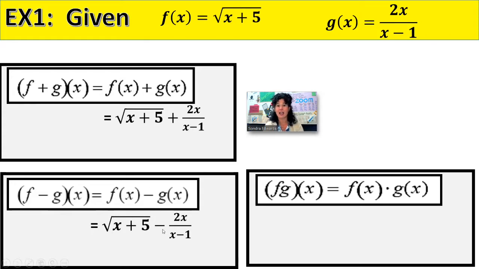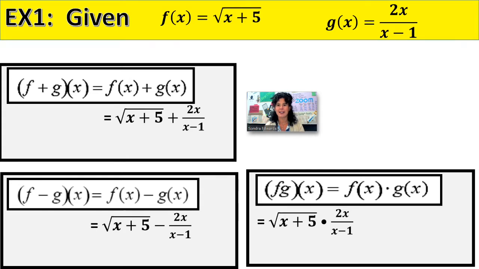The only thing that I would mention to you is to be careful when you're subtracting functions, because whatever you replace g of x with, and you have a minus here, you might need to distribute that negative all the way through to simplify.